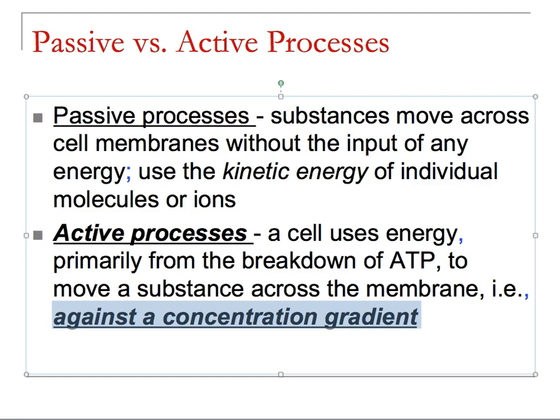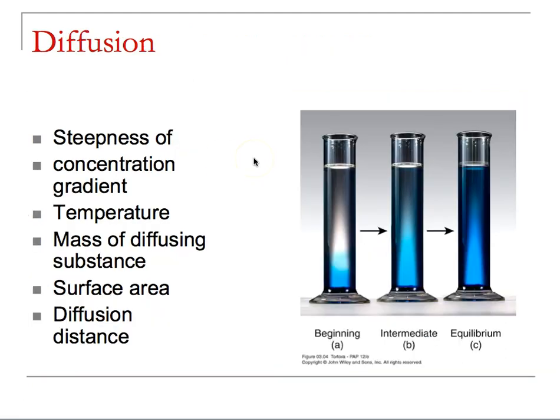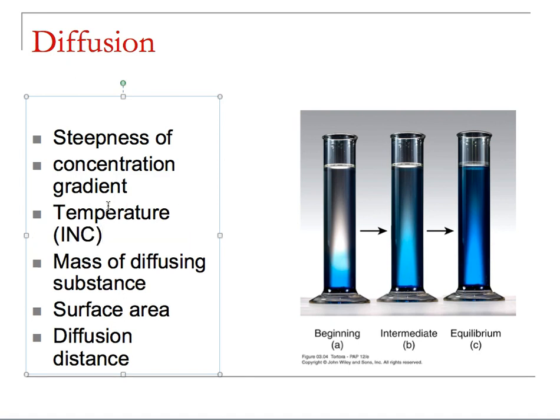So one such passive example that is pretty much the basic mechanism for all life, right, is diffusion. And diffusion requires that there be a steepness of concentration. And that concentration gradient can be changed as a result of changing temperature. So if you increase the temperature, let's go increase, right? We increase the temperature, well, then the molecules are moving faster, and therefore they can move farther apart from one another.